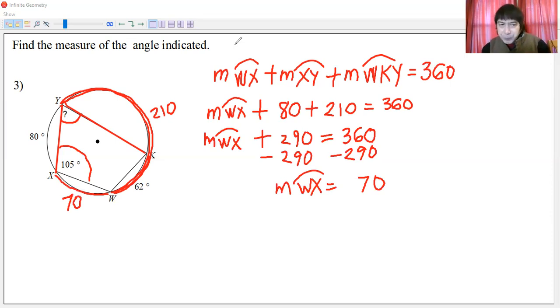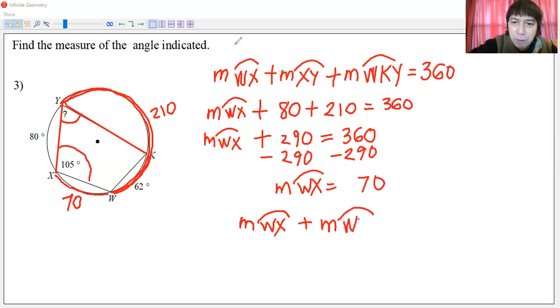Okay. Now, the sum of arc WX plus the other arc WK, the sum of this will be the subtended arc of the required angle, okay?